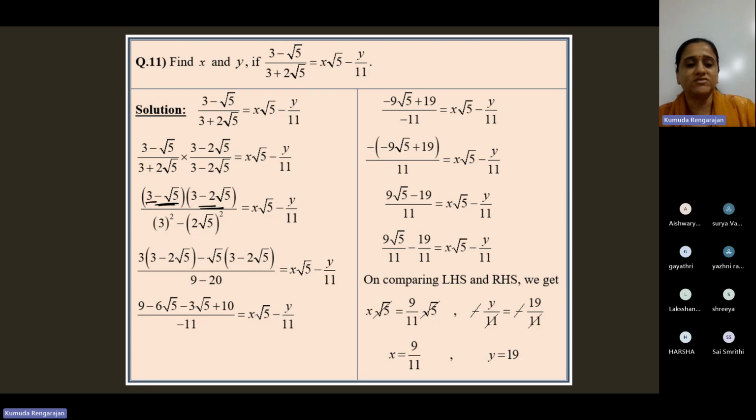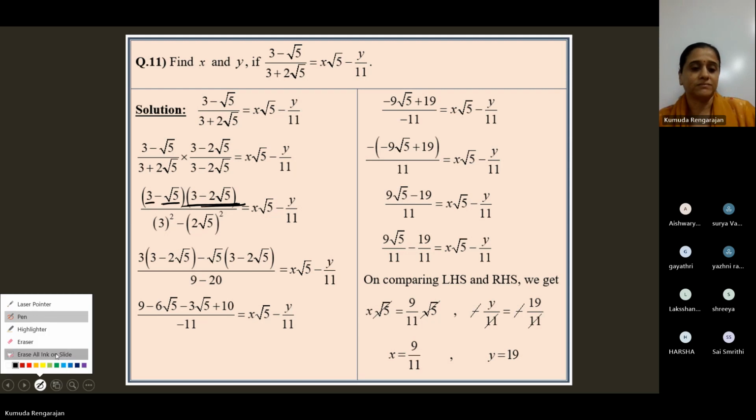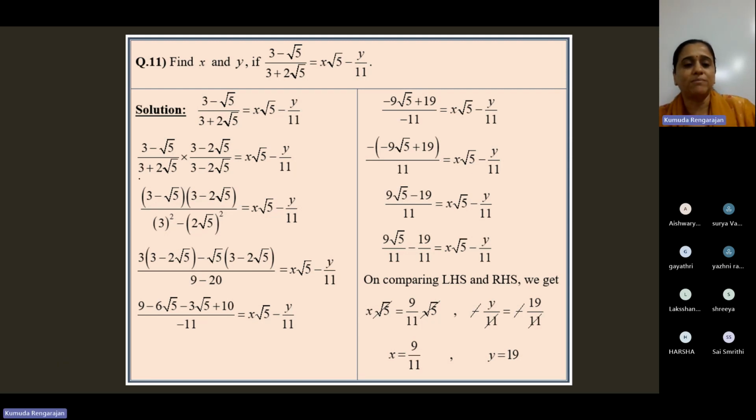So multiply the first term with the second bracket: 3 multiplied by the second bracket, minus root 5 multiplied by the second bracket. The denominator is a plus b into a minus b, so the result is a squared minus b squared. So that gives you 9 minus 20 or minus 11. And in the numerator, we have minus 9 root 5 plus 19 by minus 11 in the denominator.